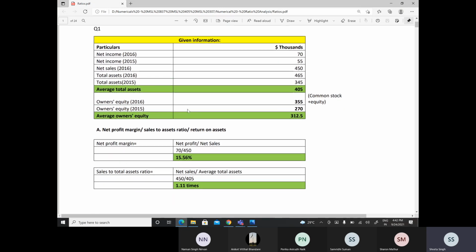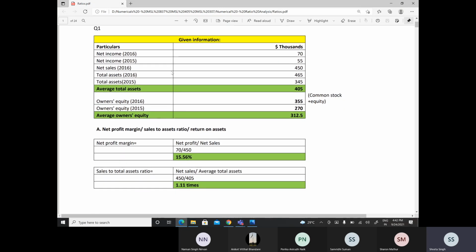So here is the compilation of all the information that is relevant to us. We have net income of 2016 of 70, net income of 2015 of $55,000, net sales in 2016 of 450, total assets of 2016 at 465, total assets of 2015 at 345, and the average total assets are nothing but the two total assets divided by 2, that is 405.